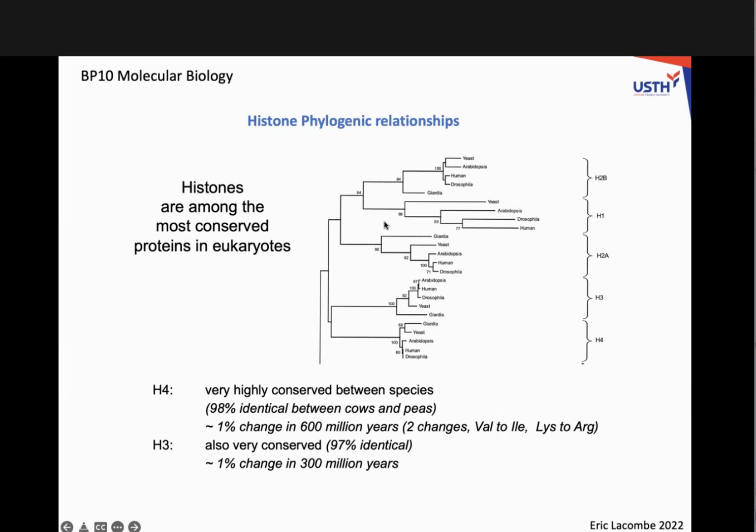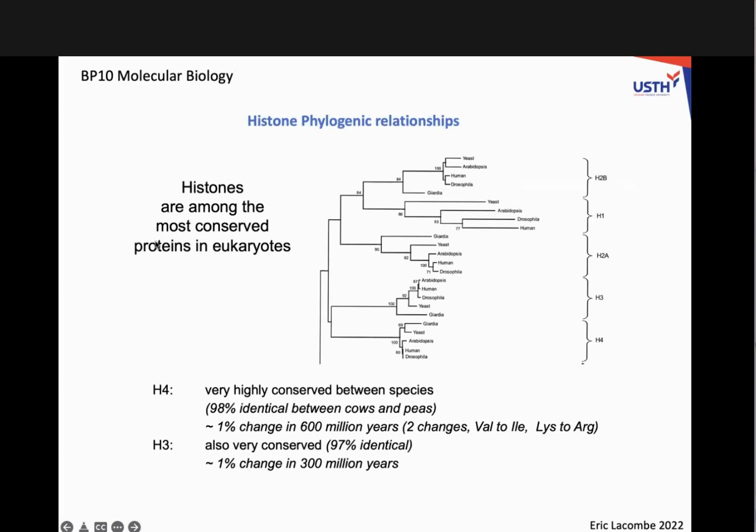And you see that all the 5, because we include H1 as well, all the 5 histones are extremely closely related together, whatever the species is. It means that the relationship between the H2B between yeast and human is extremely close. The same for H1, H2. So those proteins are extremely conserved among all eukaryotes.